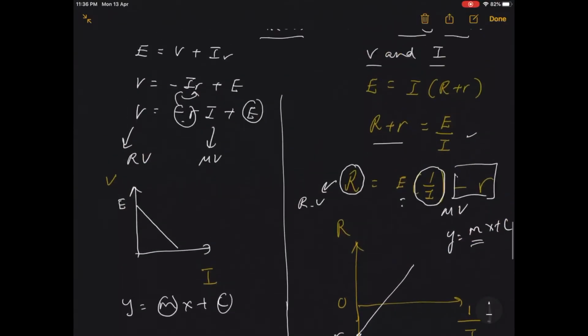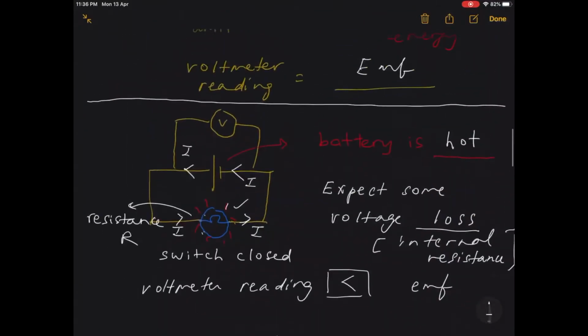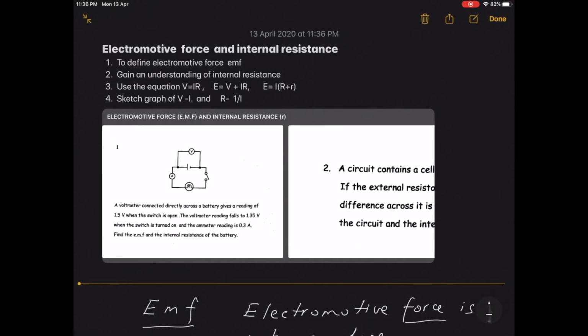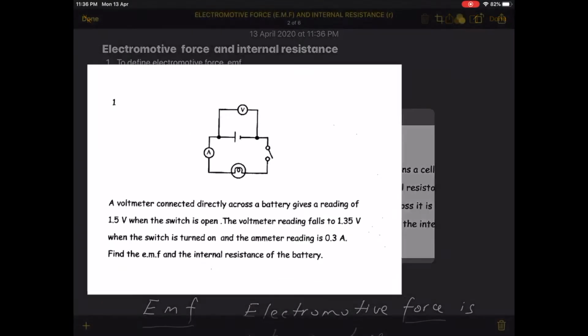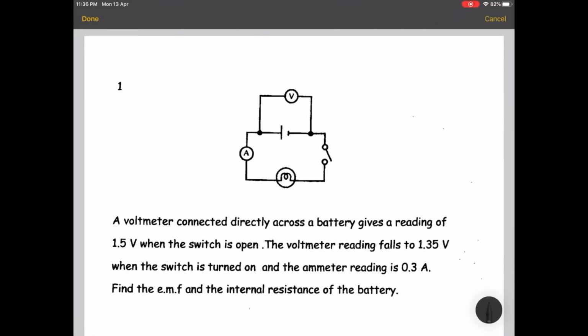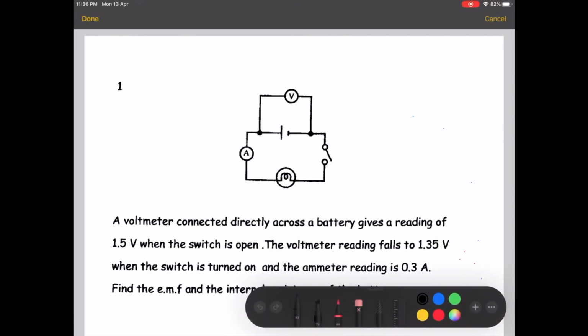But physics, you need a lot of practice, okay? So let me show you some simple questions to make you understand the thing better. Okay, look at this one. Look at these questions. How are you going to solve this kind of questions?